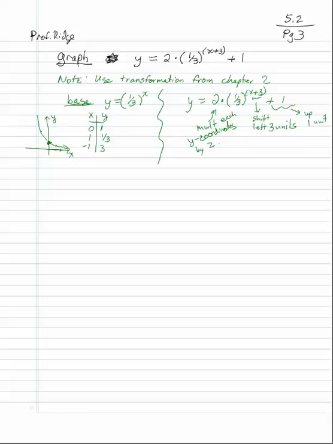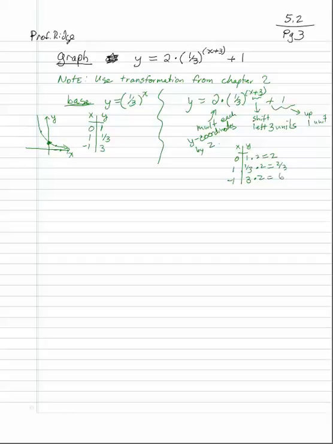Okay? So I'm going to take my base graph points, (0, 1), (1, 1/3), (-1, 3), and multiply all those y coordinates by 2. So I'm going to plot (0, 2), (1, 2/3), (-1, 6).